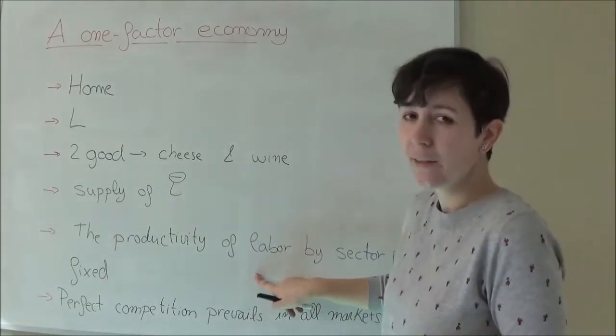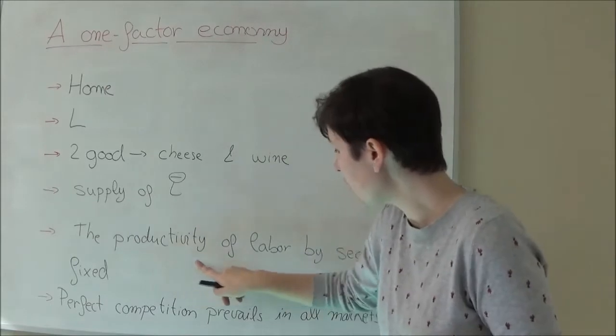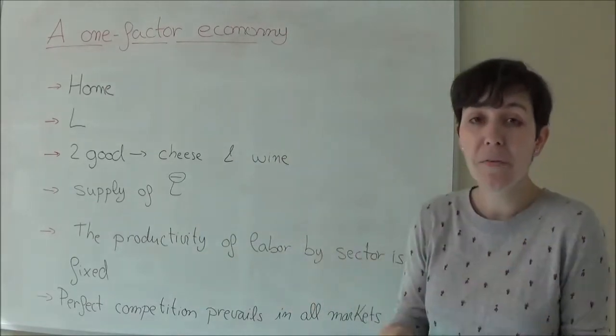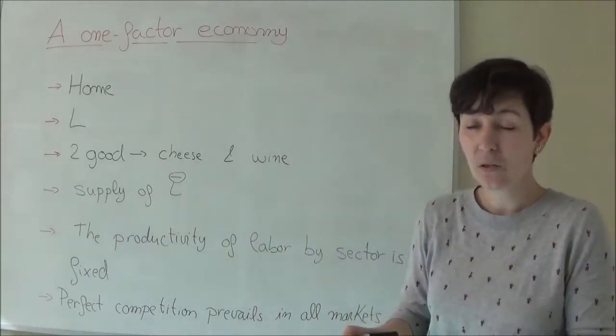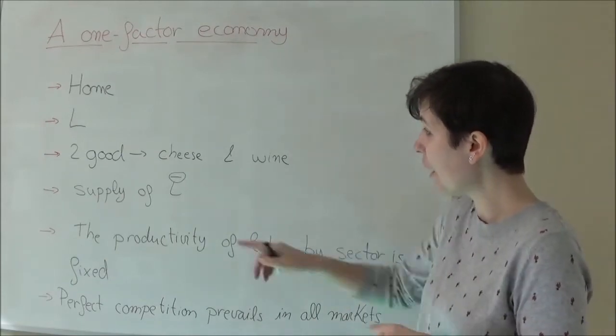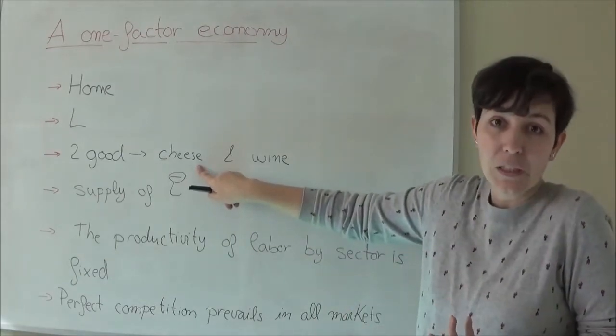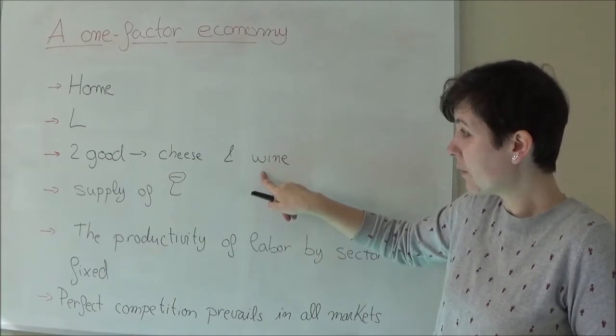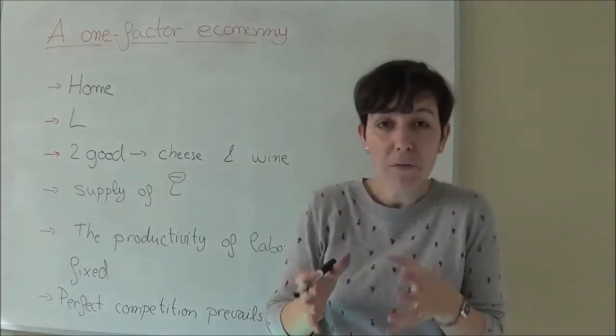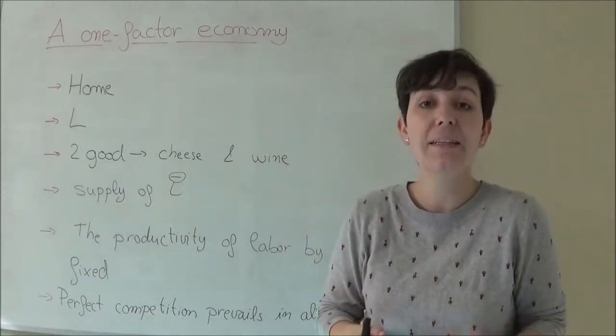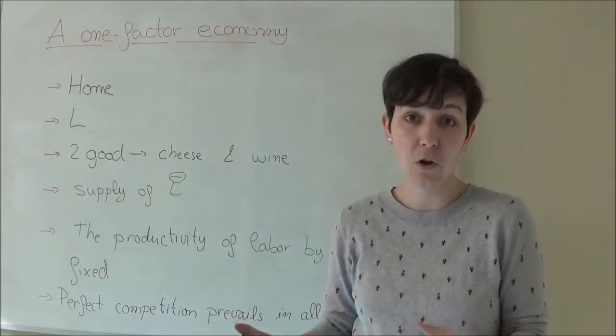Also, the productivity of labor is going to be fixed in each sector. Here we have two sectors, the sector of cheese and the sector of wine. That productivity of labor is fixed and determined by the technology.